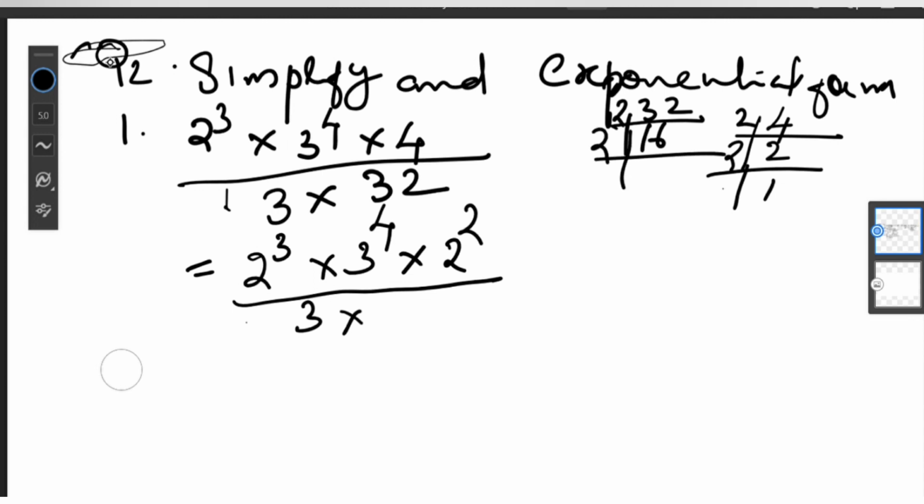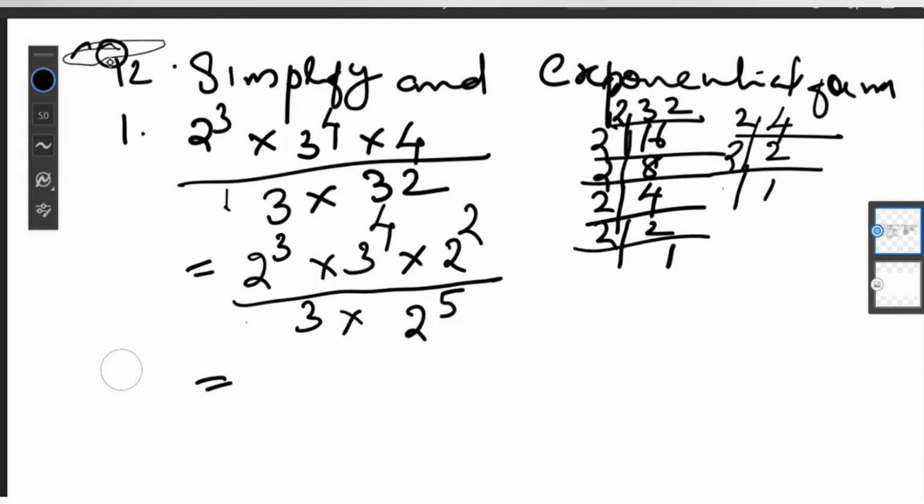32 can be written in which way? 32 is divisible by 2 to give 16, divisible by 2 to give 8, by 2 again to give 4, again by 2 to give 2, then 1. So how many times is 2 coming? 5 times. So we can write 2 to the power 5.